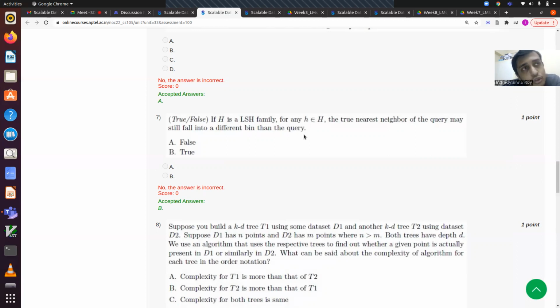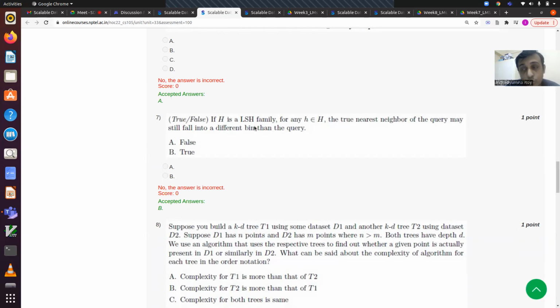Yes, sir. The basic notion of LSH is that it is an approximate nearest neighbor search, right? Yes. Approximate is the keyword. Now, what happens if the true nearest neighbor is always in the same bin? It is not necessary that the true nearest neighbor will be in the same bin, right?